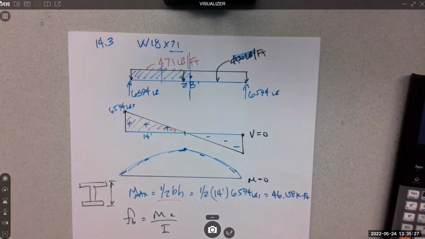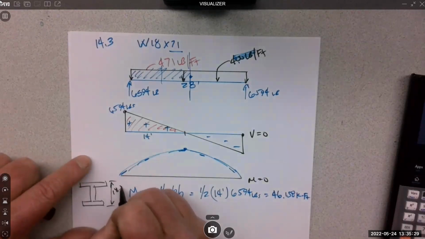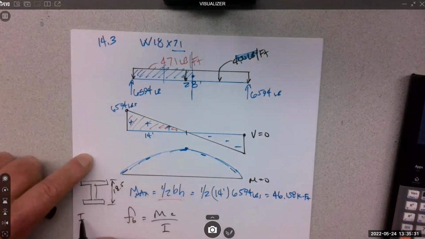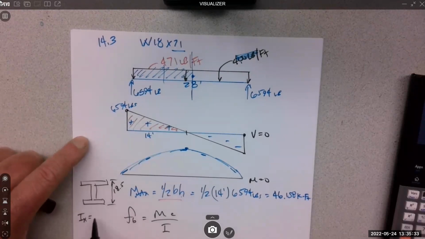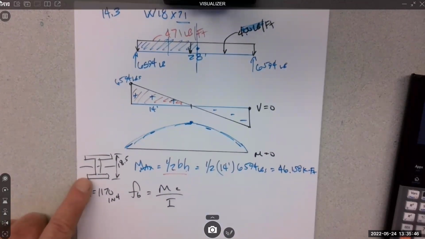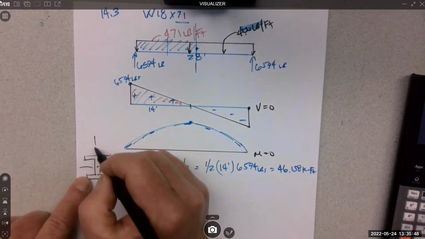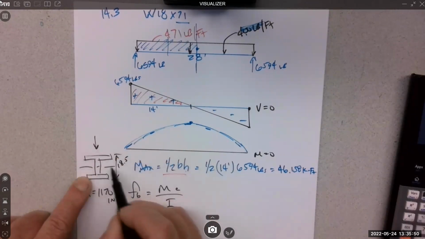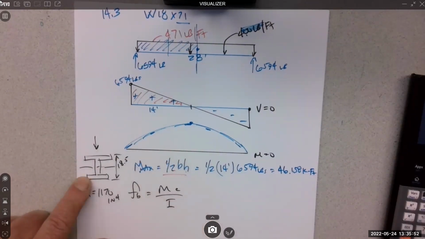Perfect. Is that Ix? Yep. And we're going to assume it's in the strong position because they didn't tell us it was not in the strong position. So this is the strong position where it gets loaded against the x-axis.